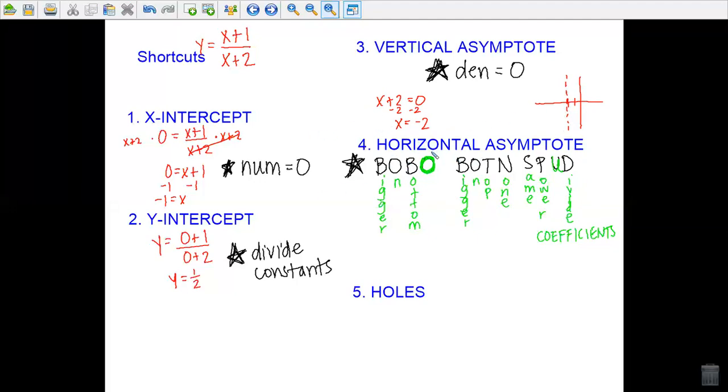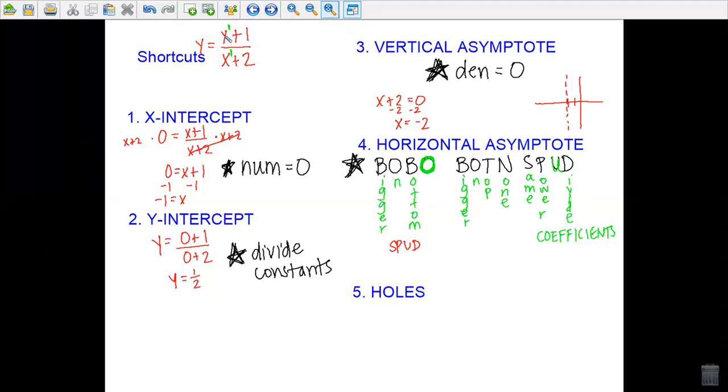For the horizontal asymptote, Bobo, Botan, Spud, it's got to be one of these 3. Either it's going to be bigger on bottom, bigger on top, or the same power. So I have x to the first power over x to the first power. That means for this example, we got Spud, same power. So we're going to divide the coefficients.